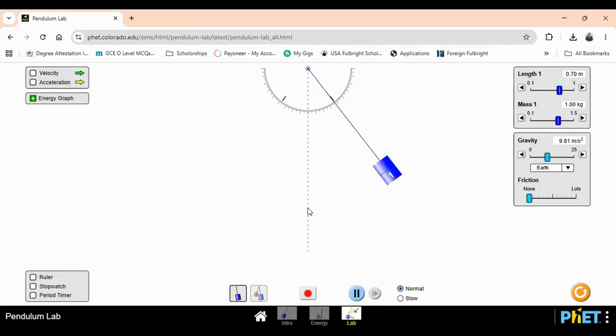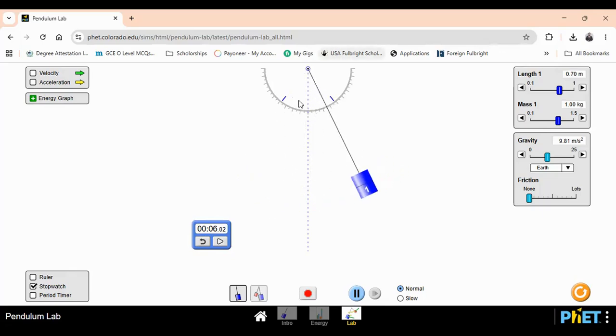Whenever it's passing through here at the center, it has maximum speed. So it's easy for me to press the stopwatch exactly when it's moving through the center. I can take multiple readings, and whenever it's passing here again, I can press it again. Okay, right?